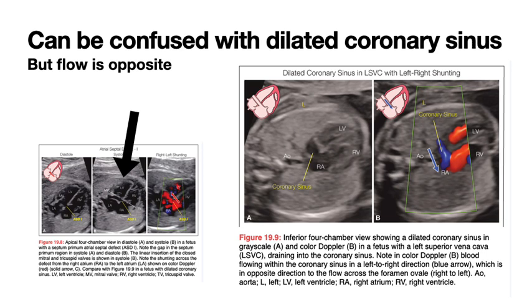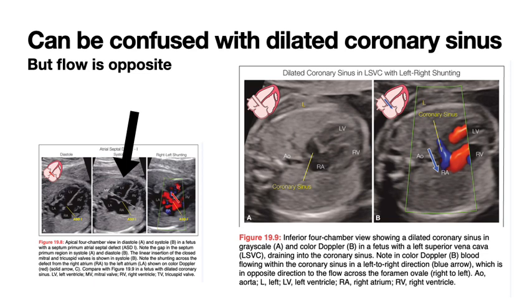You've got this little defect, and then you've got this line that makes it look like a coronary sinus. What that actually is, is the flap of the foramen ovale. Remember, the flap of the foramen ovale is like a little circle. We just happen to be catching one edge of it that makes it look like a straight line.